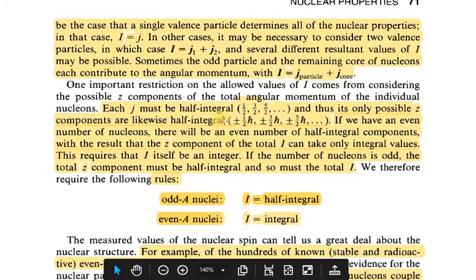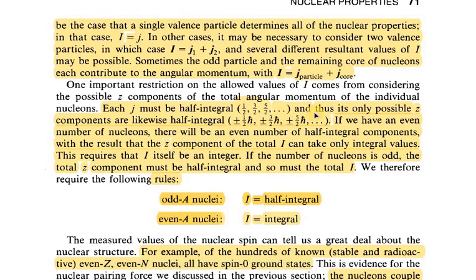Each J must be half integral: 1/2, 3/2, 5/2 and so on, and thus its possible Z components are likewise half integral: plus or minus ħ/2, plus or minus 3ħ/2, plus or minus 5ħ/2 and so on. If we have an even number of nucleons, there will be an even number of half integral components, with the result that the Z component of the total I can take only integral values. This requires that I itself be an integer.